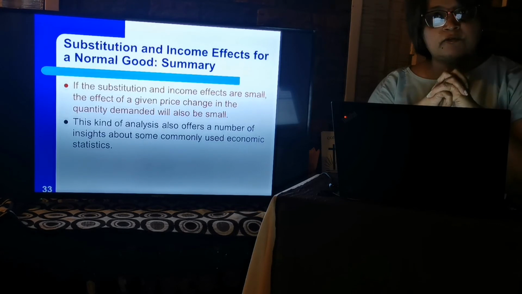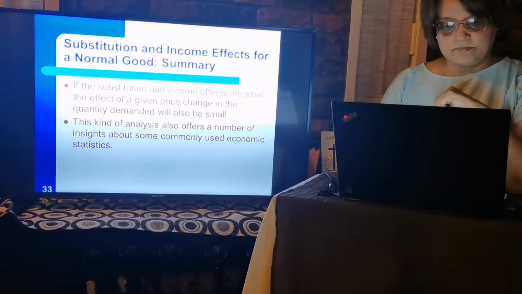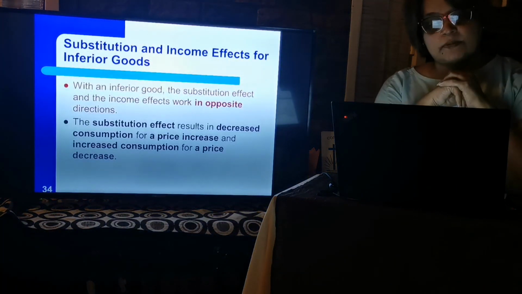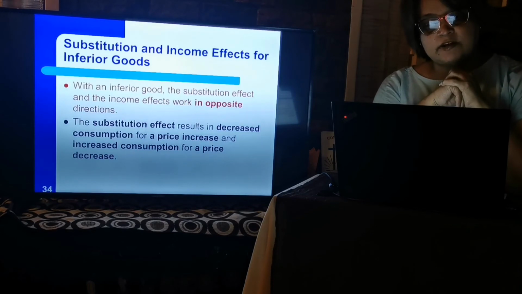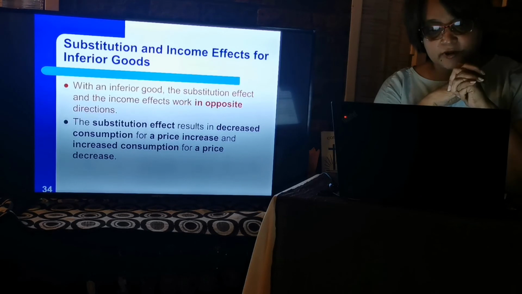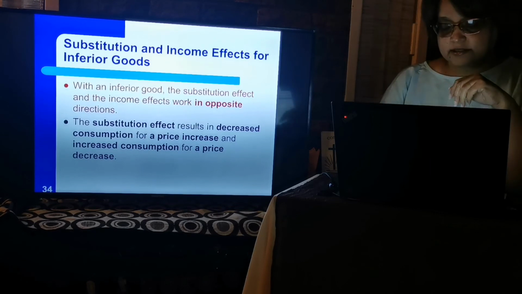It's not recommended for your syllabus, and we do not want to confuse you at this stage. With inferior goods, the substitution and income effects work in opposite directions. The substitution effect results in decreased consumption for a price increase and increased consumption for a price decrease.